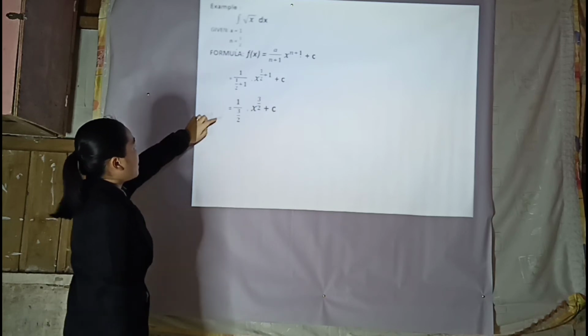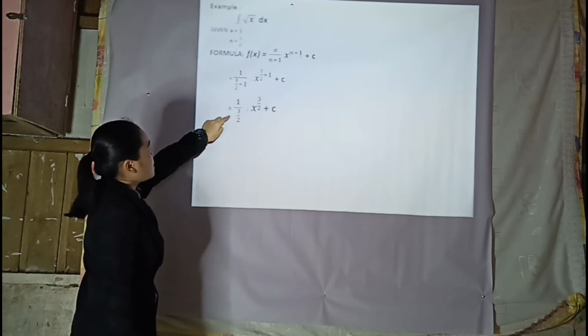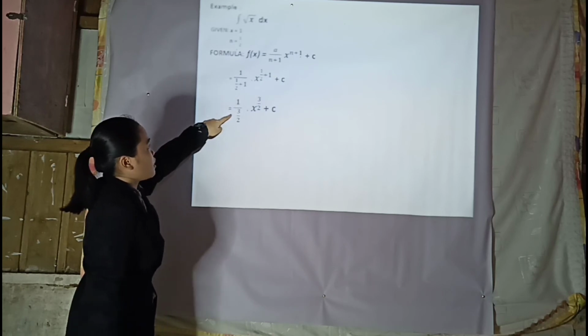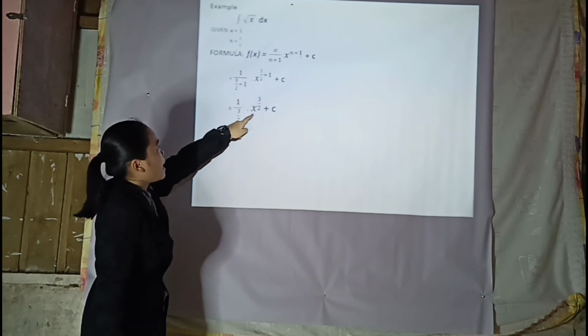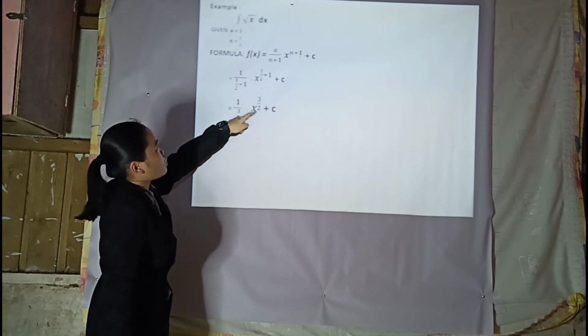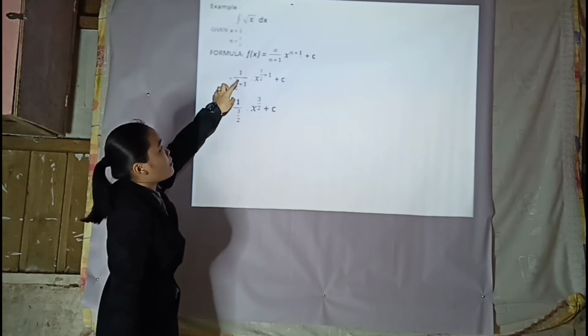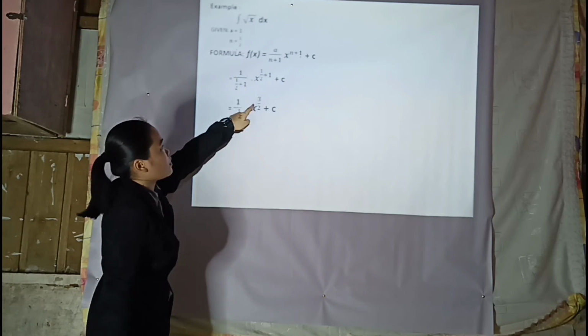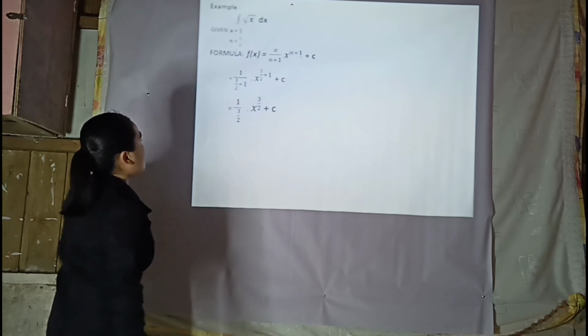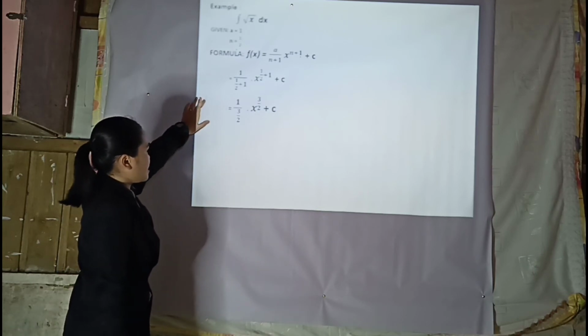So, we have 1 over 3 over 2, because 1 over 2 plus 1 is 3 over 2, times x raised to the power of 3 over 2, because x raised to the power of 1/2 plus 1 is 3 over 2. And then, copy the c, plus c. So, simplify this.